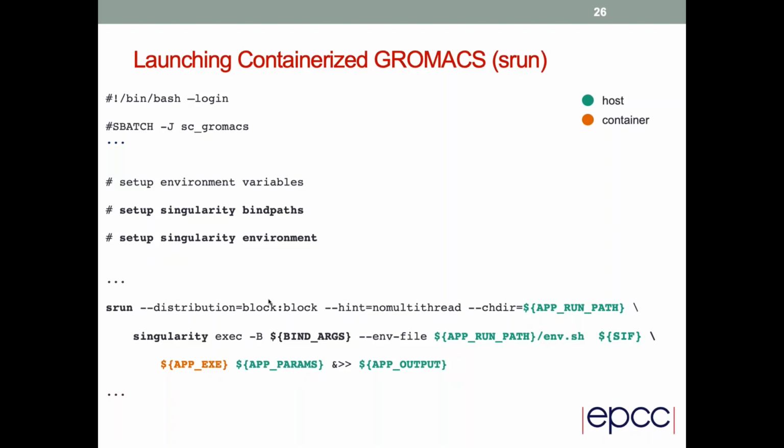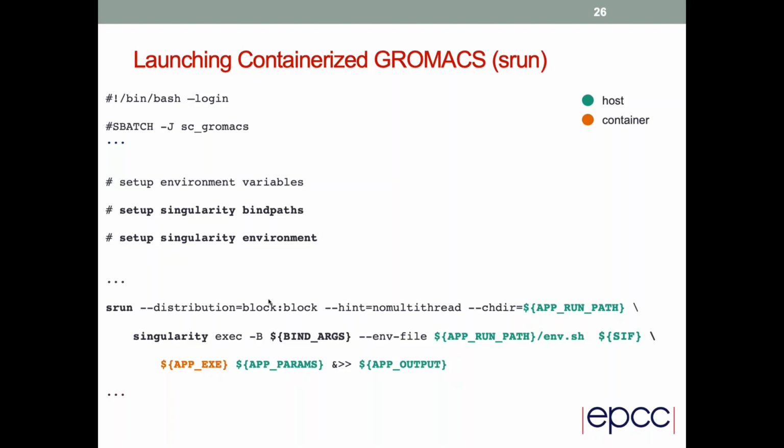So I also need to specify an environment script, which will set up an LD library path that the containerized application will use, and then that allows GROMACS in this case to find the Cray MPICH library, which lives on the host. You'll notice I'm using some color coding here, green to indicate paths on the host, and orange to indicate the container.